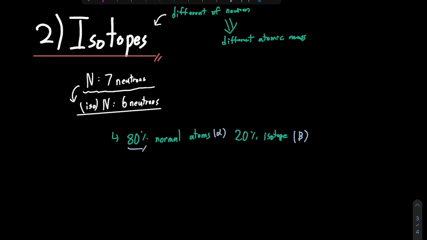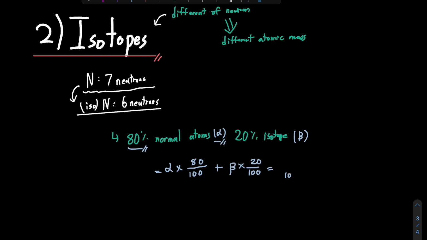Since there are 80% of atoms that weigh alpha, we would calculate this as alpha times 80 over 100, and we add this to beta times 20%.